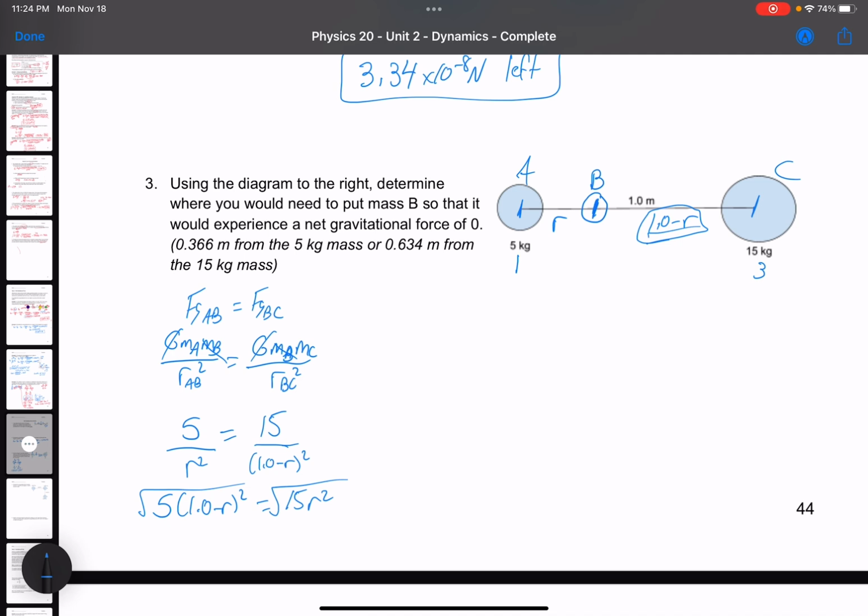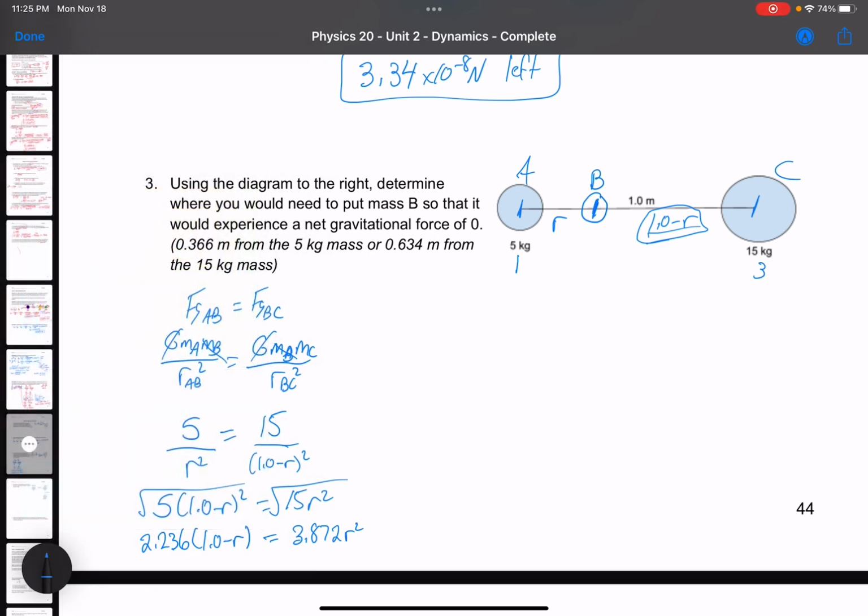So square root of 5 gives me 2.236 onto 1 minus R. And on this side, square root of 15 gives me 3.87 to R squared. Again, if this was me, I would just write root 5 and root 15, but I'm trying to make this so that everyone can have a good chance of being successful with it.